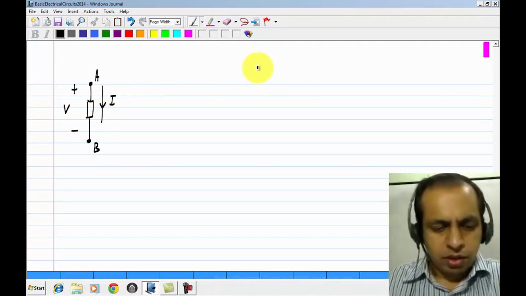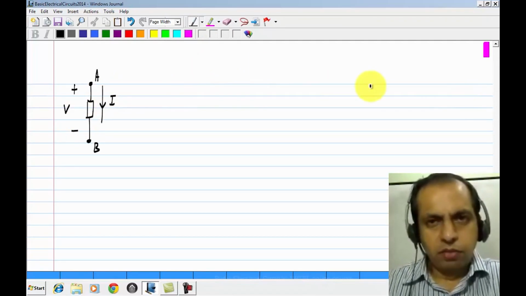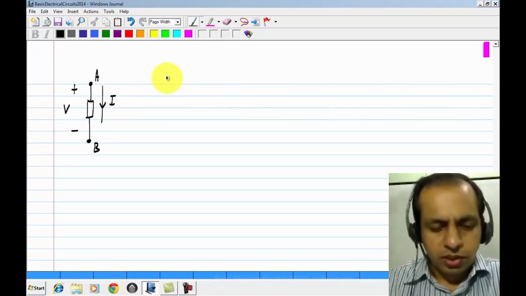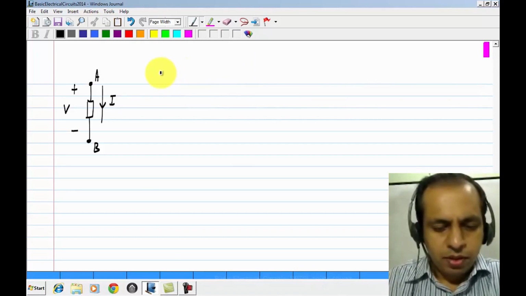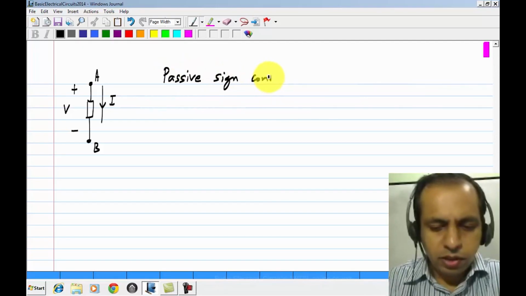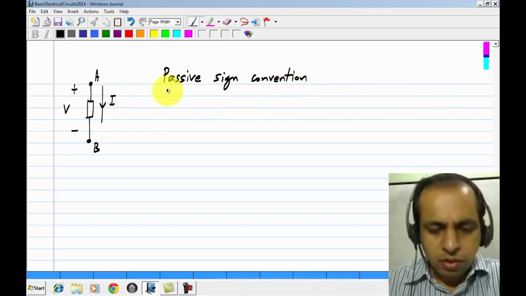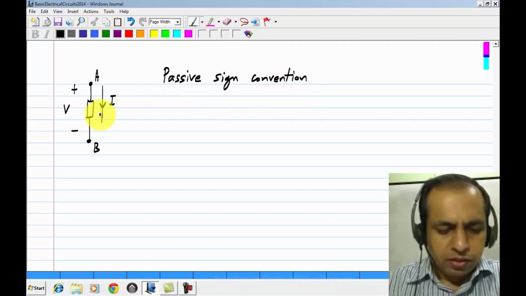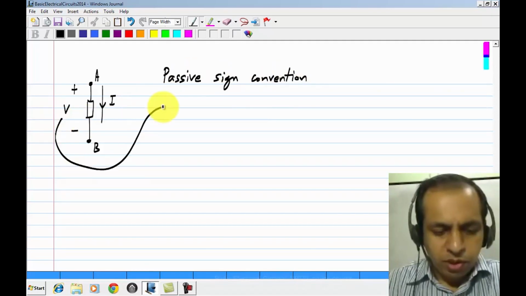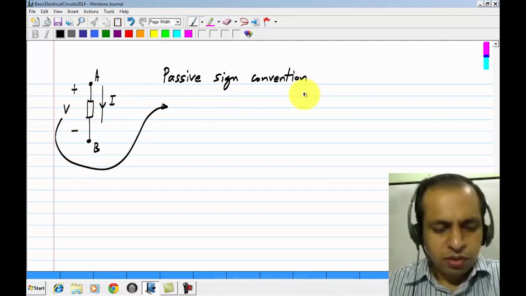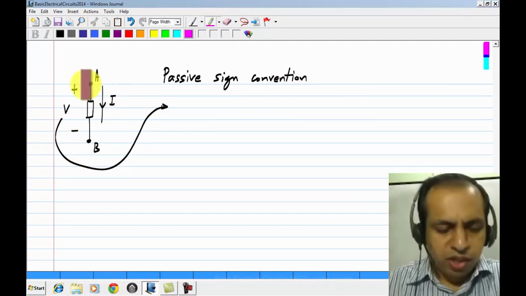Okay. So, now there is a particular convention that is used for defining the current and voltage, that is known as the passive sign convention. What it means is that we define the voltage with some polarity.